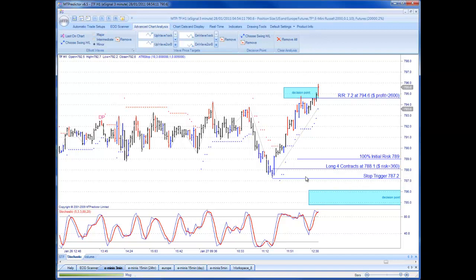And correct position sizing keeps your losses small, as we've seen here with a -1R loss, but when you're right, keeps your profits large. In this example, the plus 7R profit was much, much greater than the -1R loss, and that is a great example of why correct position sizing is so important and why it will help all traders in their everyday trading.